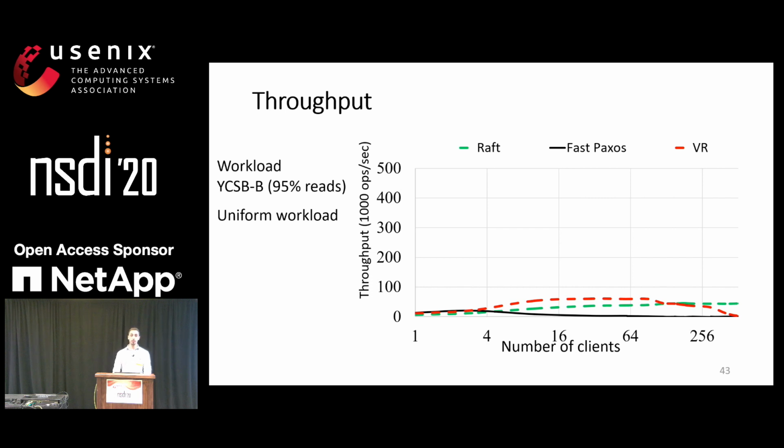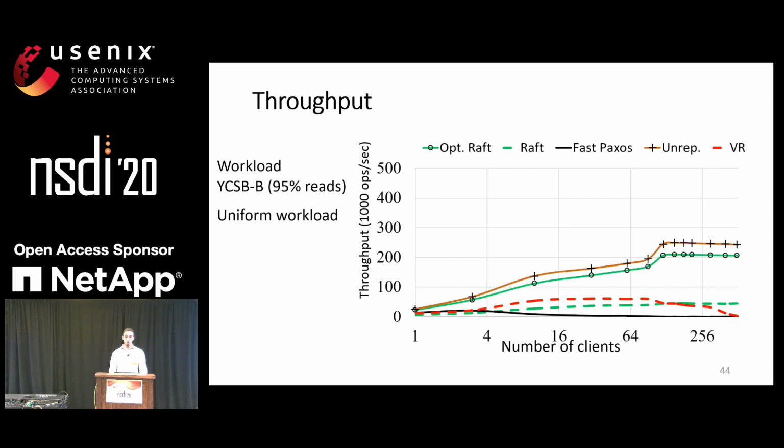As you can see in the figure, Raft, Fast Paxos, and Viewstamped Replication achieve around 60,000 operations per second, while optimized Raft achieves up to 200,000 operations per second, and unreplicated achieves even better than this at around 250,000 operations per second. And as we mentioned earlier, this shows the best possible performance of a leader-based consensus protocol.